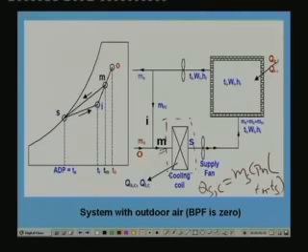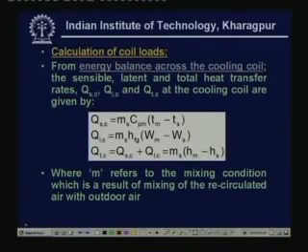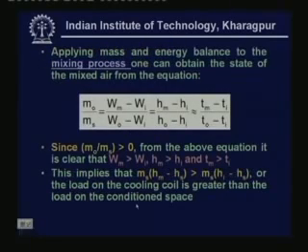Similarly, you can write an equation for the latent load, and you can also write an equation for the total load. If you do that, you will find that for the coil, these are the different loads: this is the sensible load, this is the latent load, and this is the total load. Here, as I have already explained to you, M refers to the mixing condition, which is the result of mixing of the recirculated air with outdoor air, applying mass and energy balance to the mixing process.